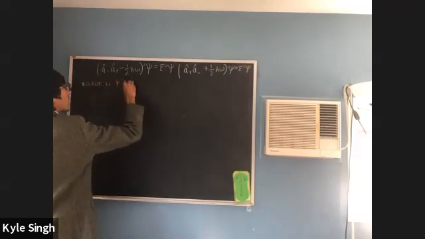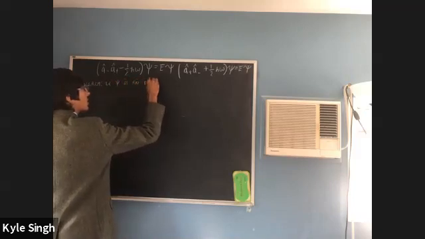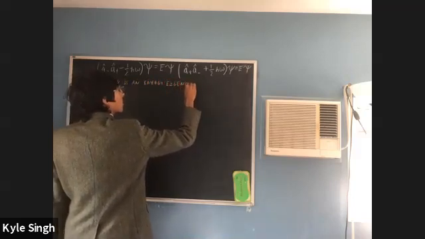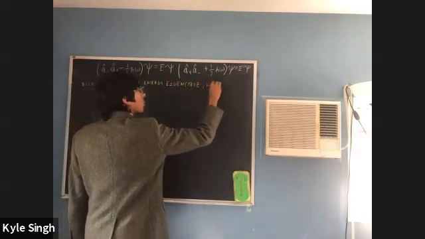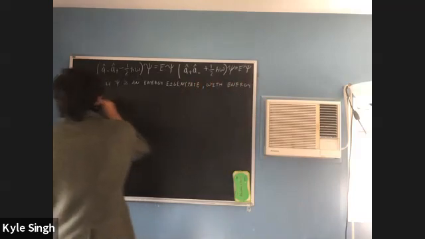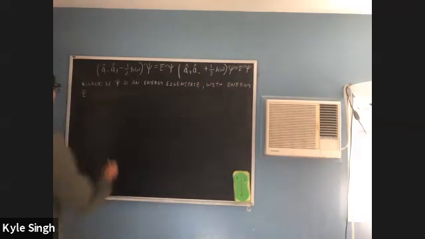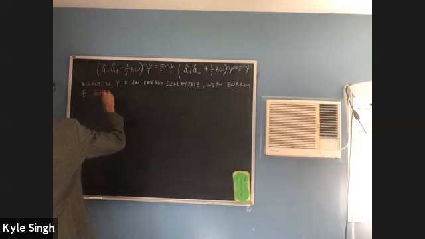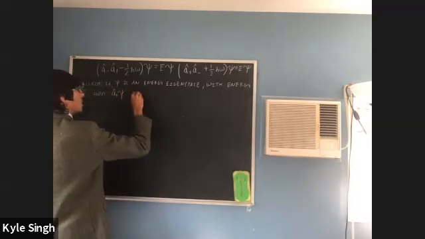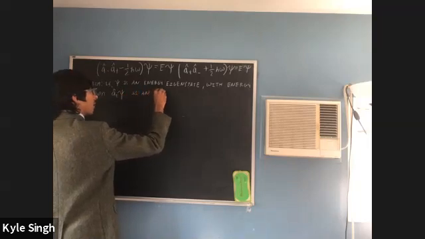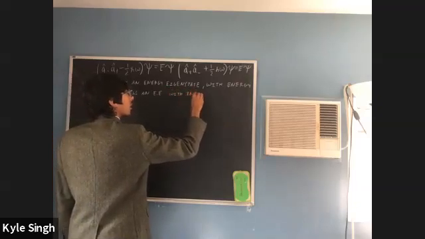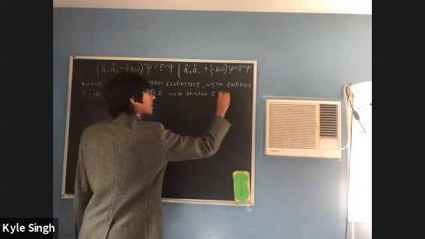If psi is an energy eigenstate with energy, so the eigenvalue, energy E, then A plus on psi is an energy eigenstate with energy E plus h bar omega.